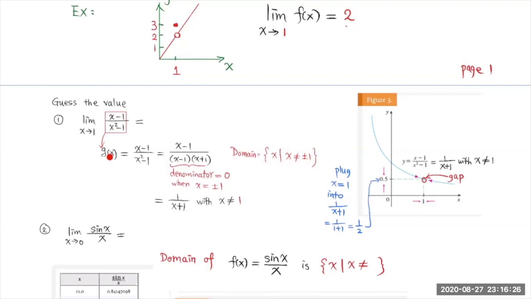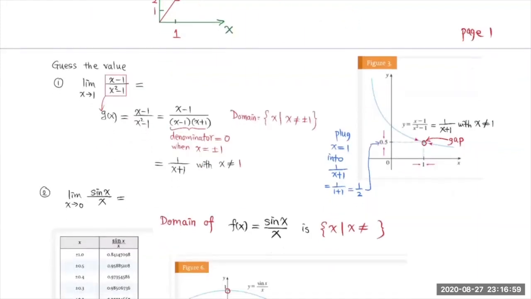So this original function g of x is equal to this, but with this domain. So in this case, over here, we still have x does not equal positive or negative 1. Even though if you substitute 1 here, it looks like we get 1/2, but 1 is actually not in the domain for this function. So you have to exclude the 1.